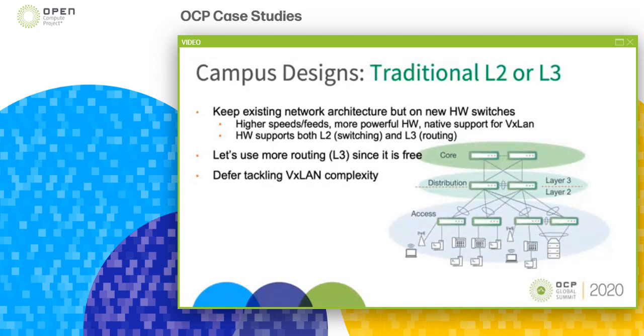And I should also point out, most modern hardware switches will support both layer 2 as well as layer 3, so both switching and routing. So there's a great deal of choice and flexibility in terms of how to go between one and the other depending upon the network environment. And as a result, for some of our customers, they choose to enable routing because they understand how to automate much of the configuration, and they like the advantages that they get from features like ECMP.